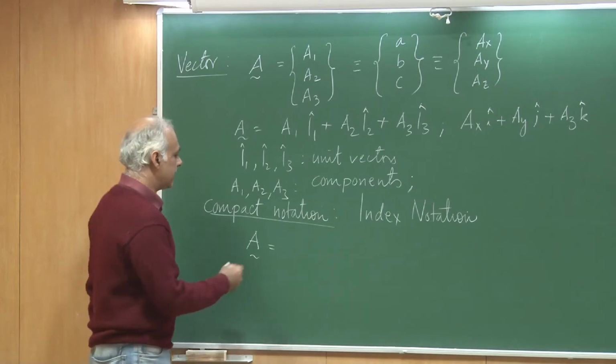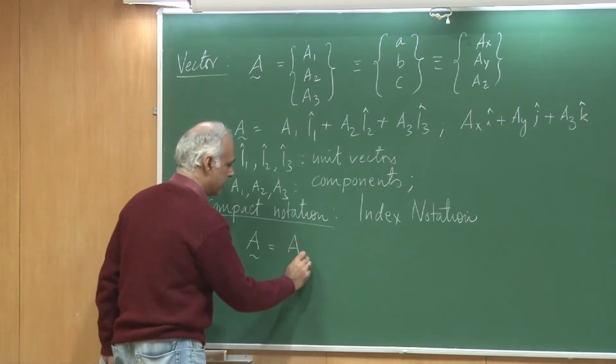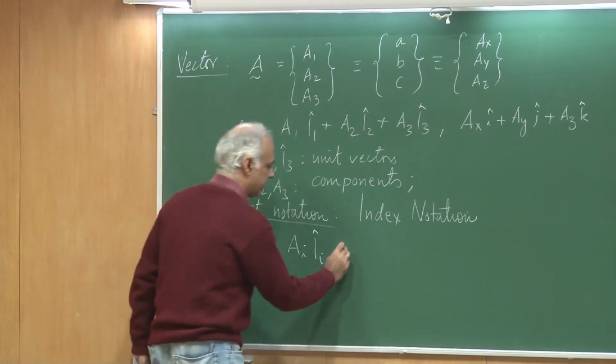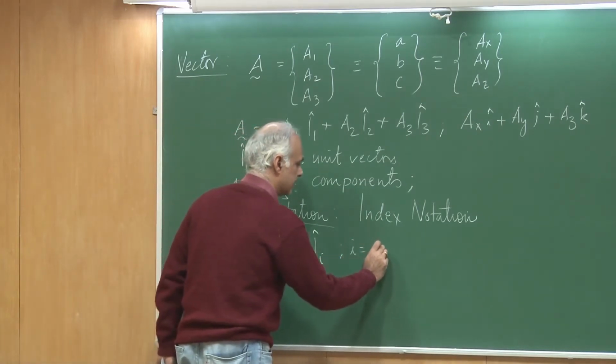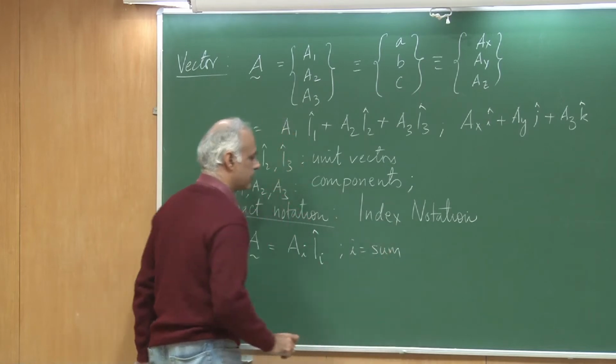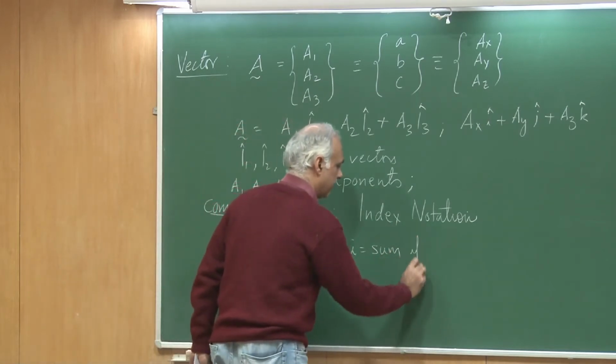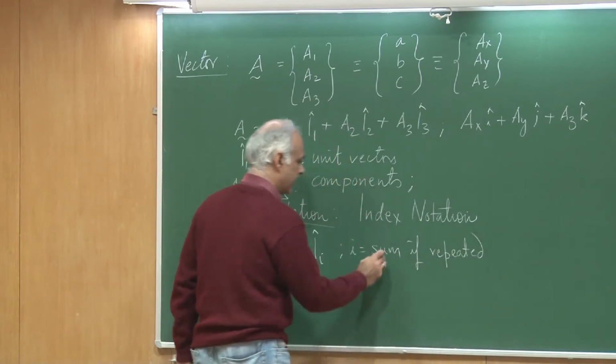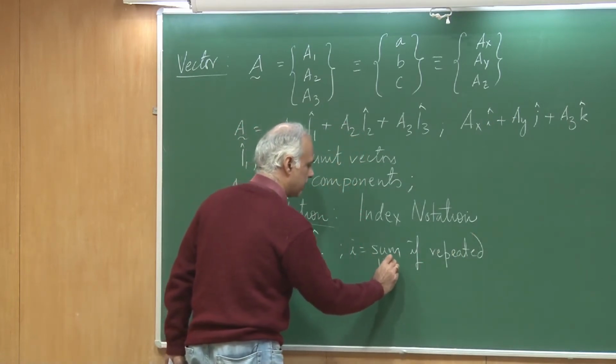So, I could simply replace this with Ai Ii, where I have to sum if repeated, and the sum is from 1 to 3.